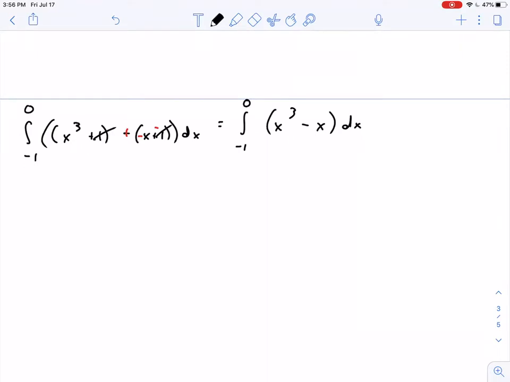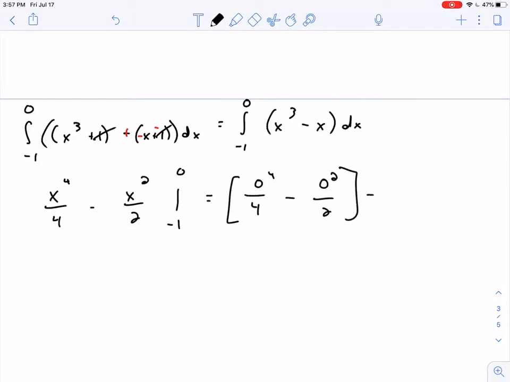So let's see, I want to find my antiderivative. This will be x to the 4th over 4 minus x squared over 2, evaluated at 0 and at -1. So this will be 0 to the 4th over 4 minus 0 squared over 2 minus -1 to the 4th over 4 minus -1 squared over 2.